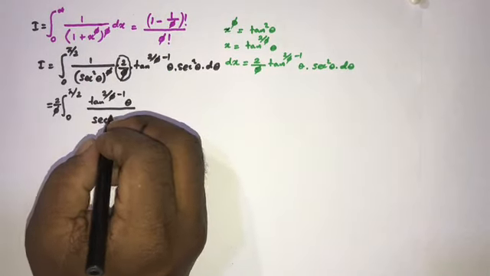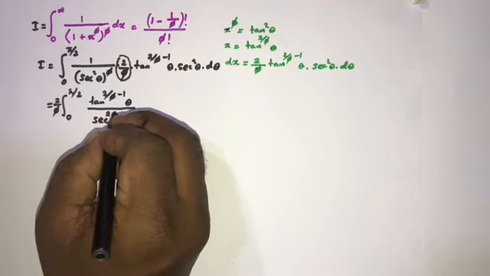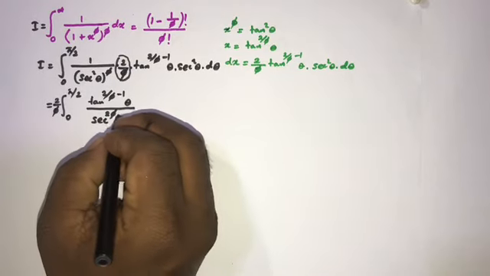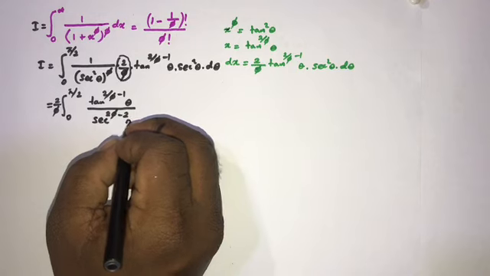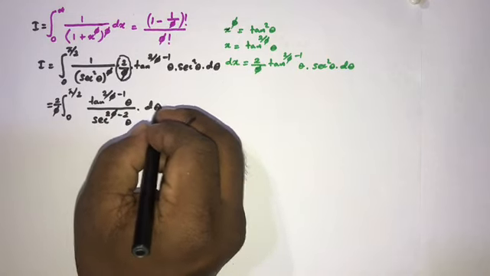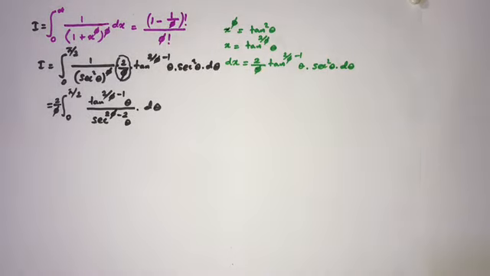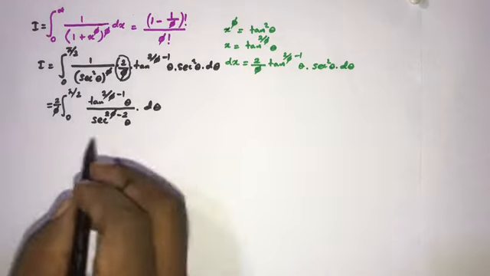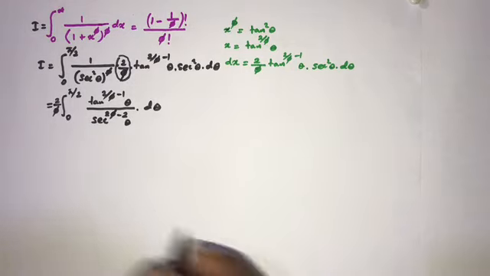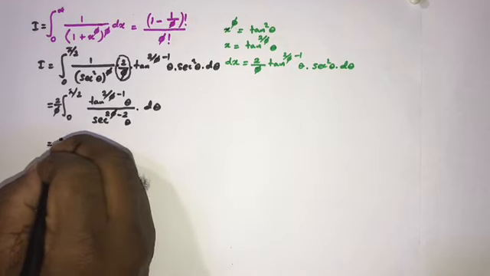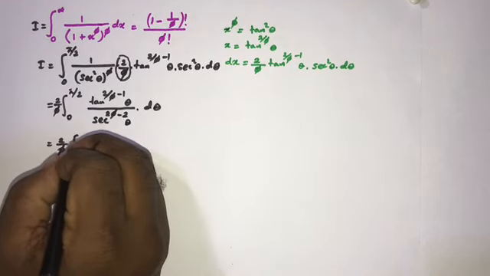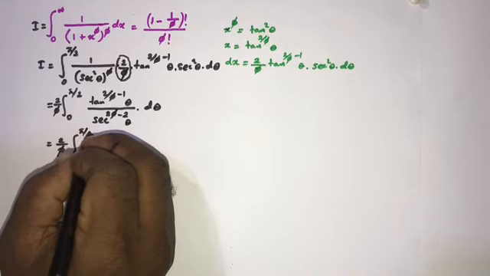We know secant raised to the 2 over 5, here 2, so minus 2 of theta d theta. Okay, then I'm going to write tan and secant by using sin and cos. So we can write 2 over 5 integral from 0 to pi over 2.